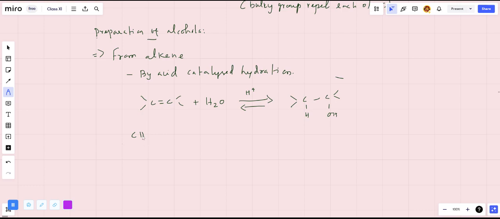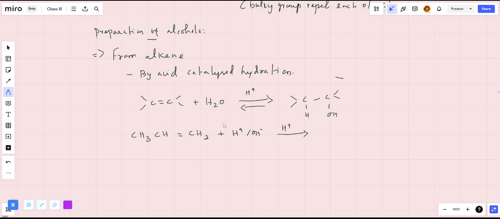Take CH3 CH double bond CH2, which is unsymmetrical. When water, which means H plus and OH minus, reacts in the presence of acid, the reaction goes according to Markovnikov's rule.